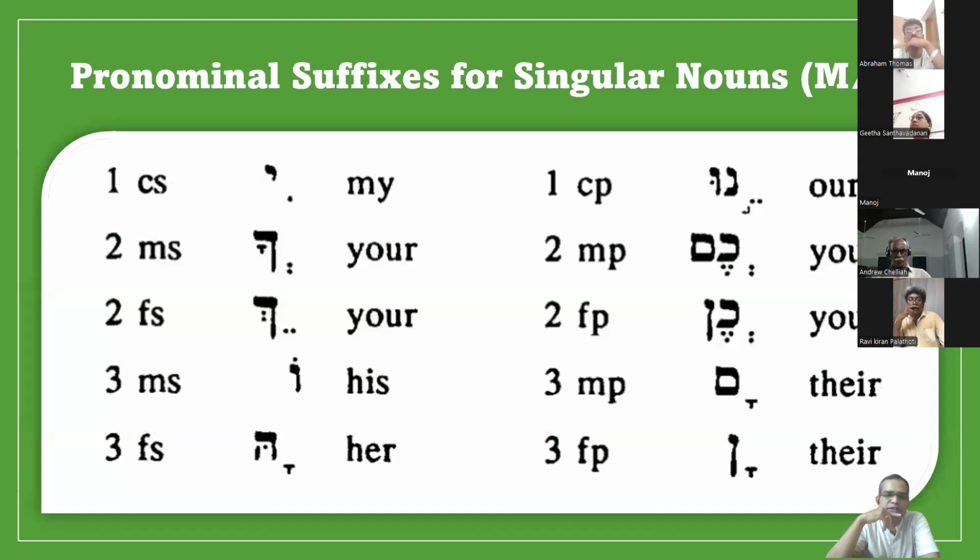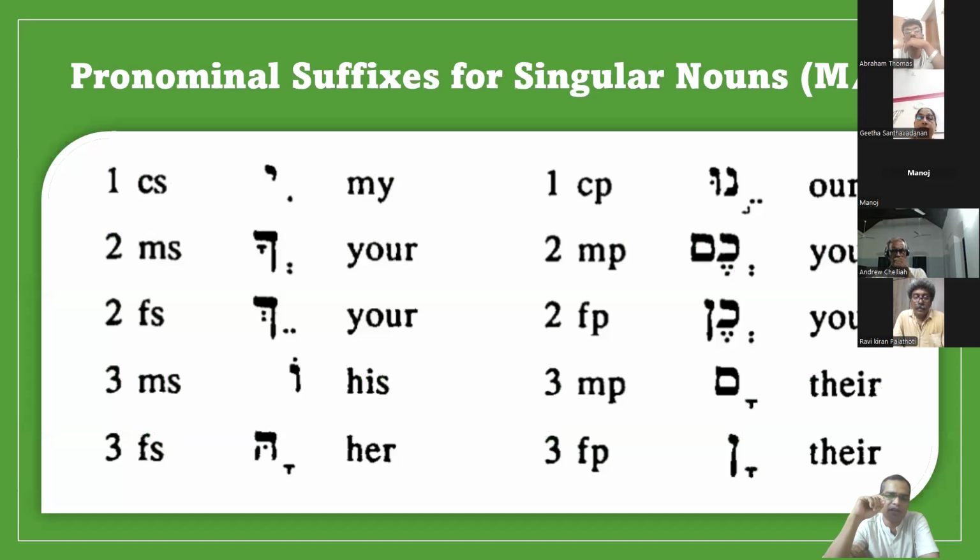Okay, the first common singular, it is the same thing, irregular. And then the meaning is my, because it is referring to possession. Second masculine singular, Shiva, final kaf, and the raised kamats, your. Second feminine singular, Sere, final kaf, raised Shiva, your. Third masculine singular, Holam Vav, his.